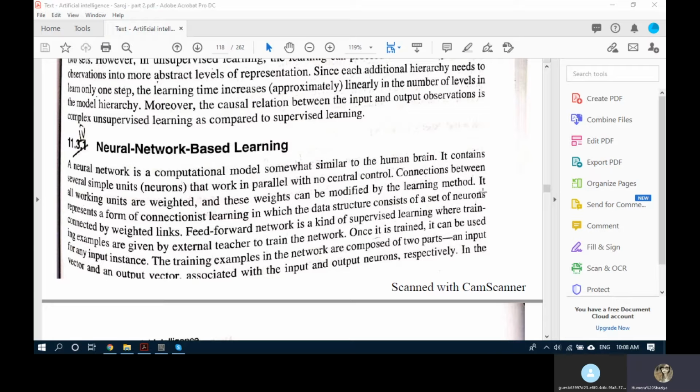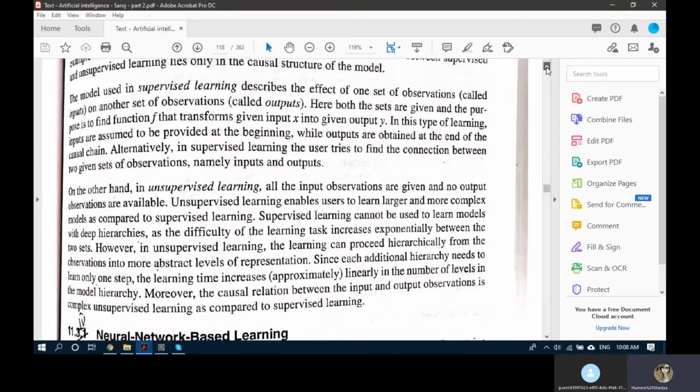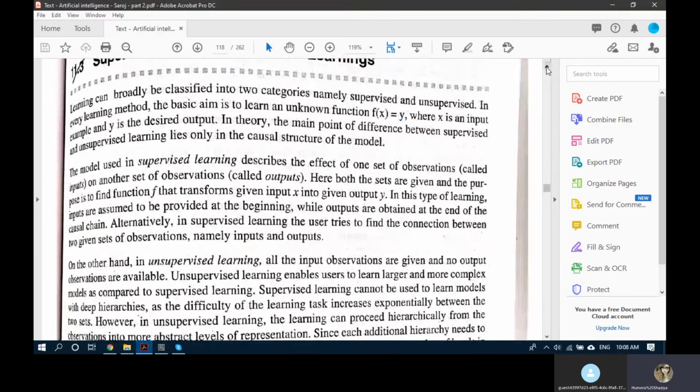We will continue the same topic, supervised and unsupervised learnings. Let us quickly recapitulate.